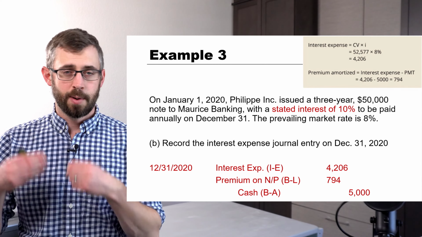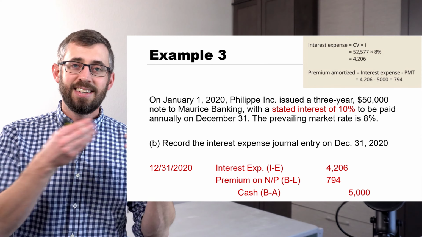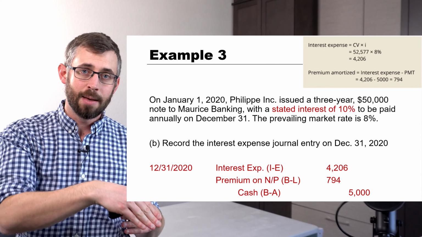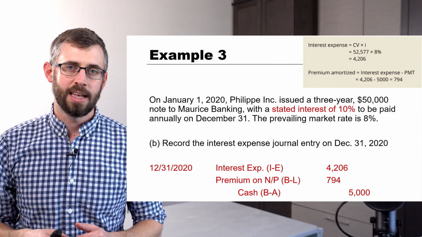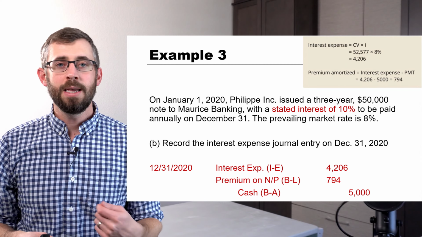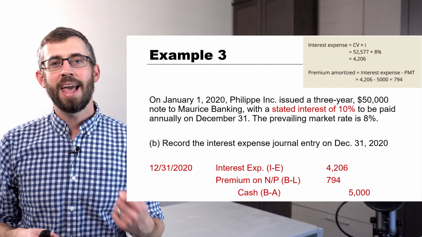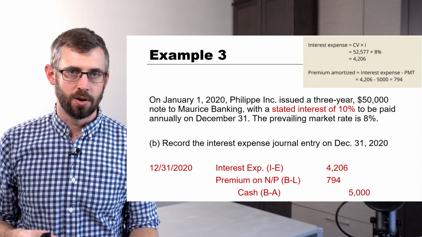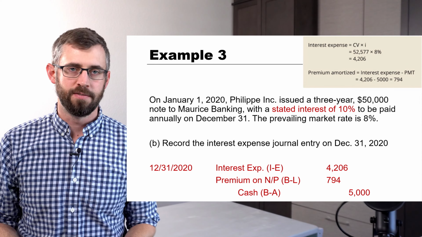And so think about it. Remember, if premium just means note liability or note payable, a debit to note payable means my liability goes down. And so this extra $794 that I'm paying is essentially repaying the principal on my note. It's repaying that extra amount I borrowed because I'm making large coupon payments above the market rate.